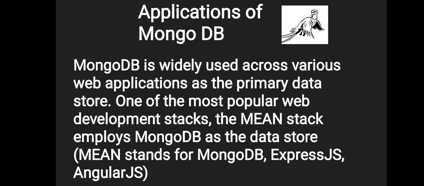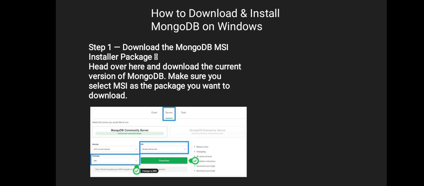There is another one, MERN, which stands for MongoDB, Express.js, React.js, and Node.js. Sorry, I forgot that for a moment. R stands for React.js and N stands for Node.js.